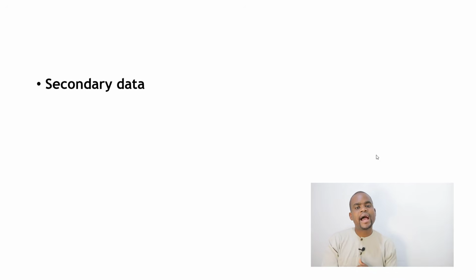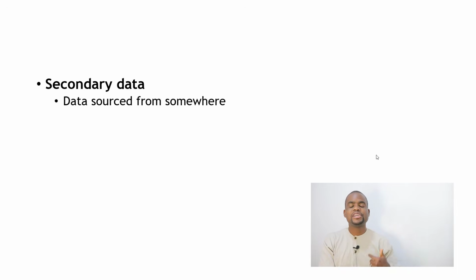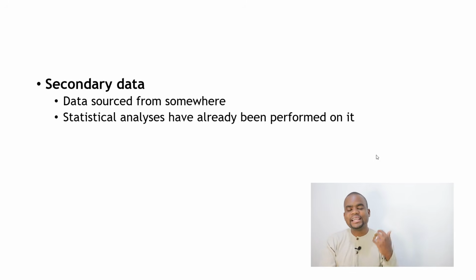Now, we also have secondary data. Secondary data is data sourced from somewhere. For example, if you go to your country's statistical office, they actually collect some data. But now let's say that they have analyzed that data, then that becomes secondary data.